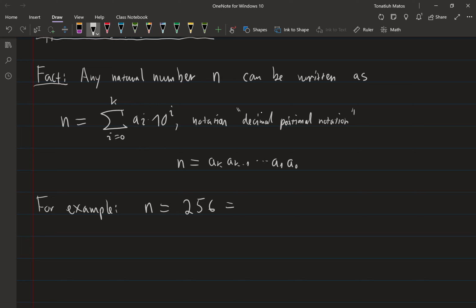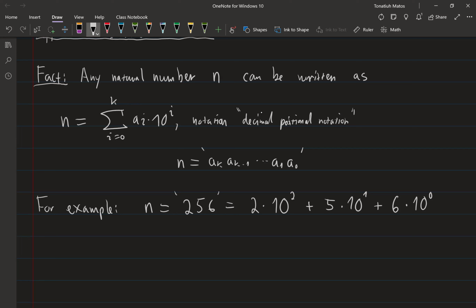It's obviously the same thing. So this is 2 times 100, or 10 to the 2, plus 5 times 10, or 10 to the 1, plus the units, which is 6 times 10 to the 0, or just 1, right? So this is how we typically write numbers in decimal notation.